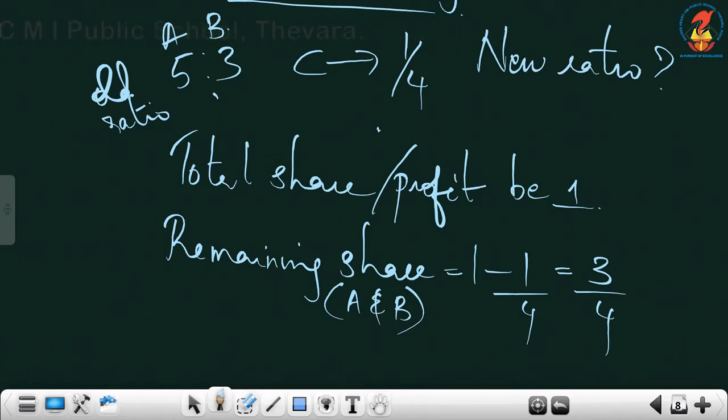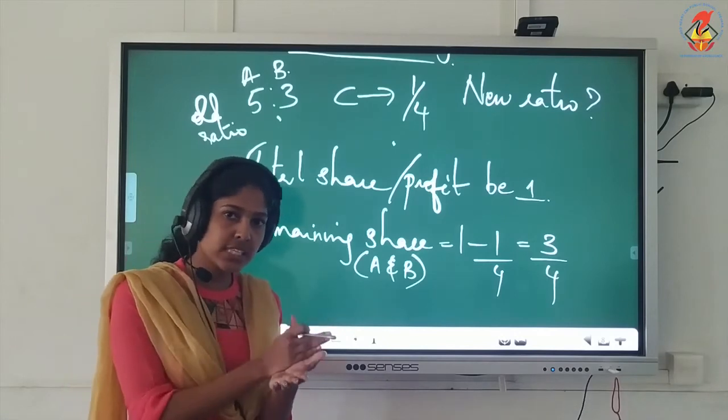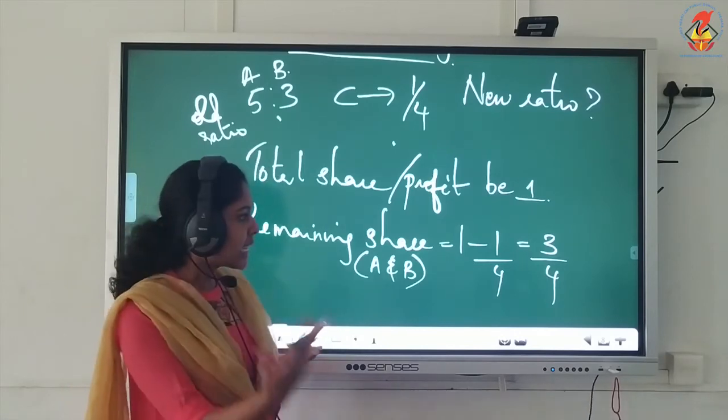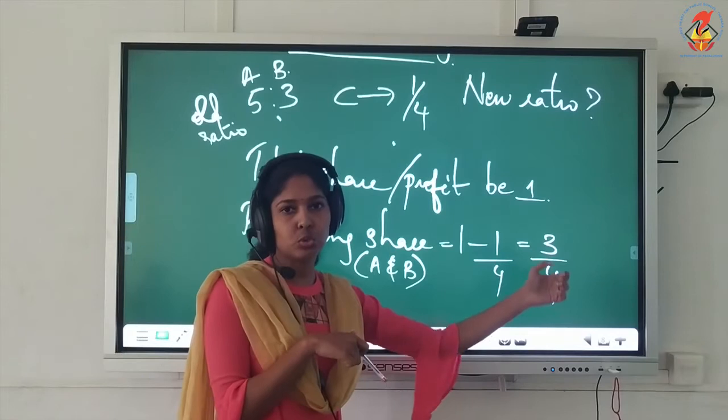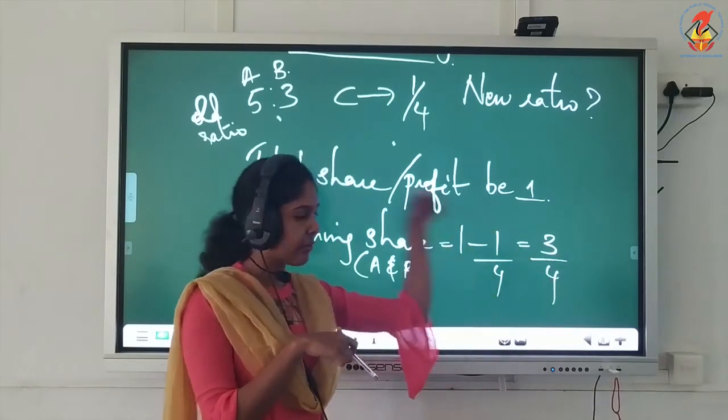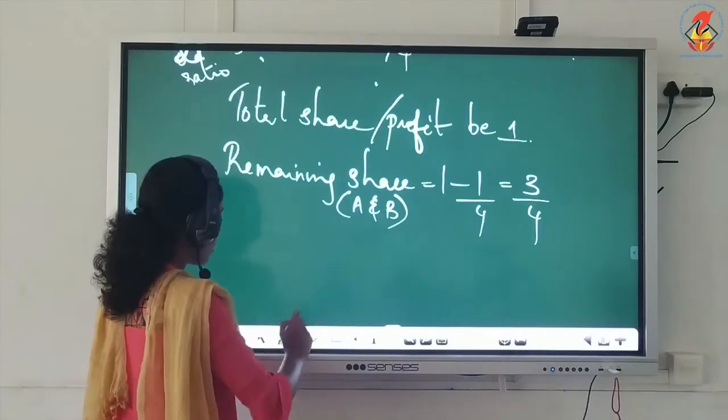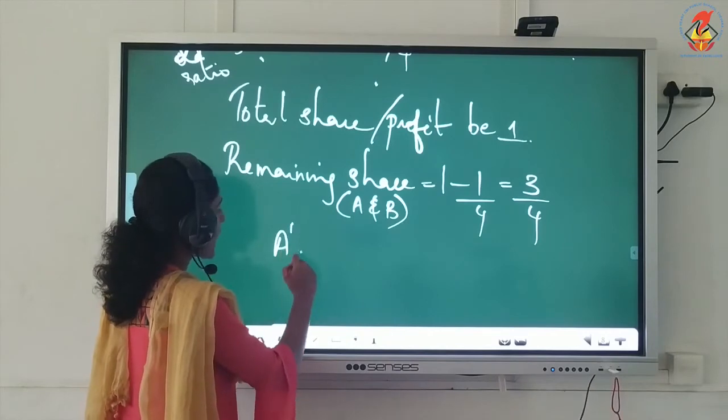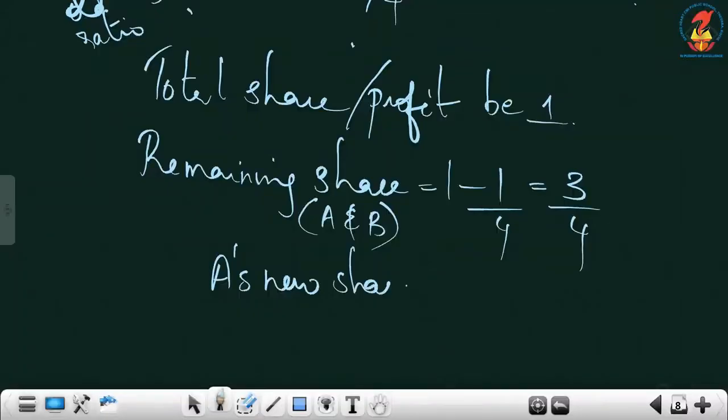Now we have to compute what will be A's share and what will be B's share. Separately you have to do the calculation. This is the total 3/4. Now we will see what is A's share out of this 3/4. So A's new share will be equal to, how will you divide?